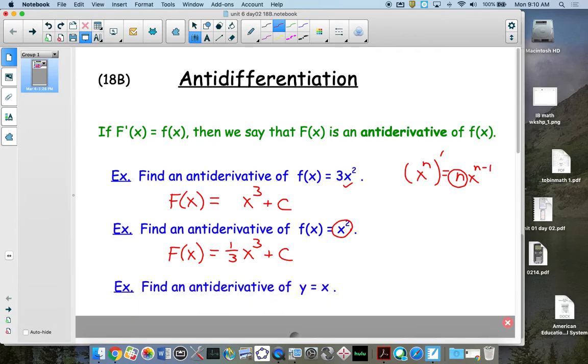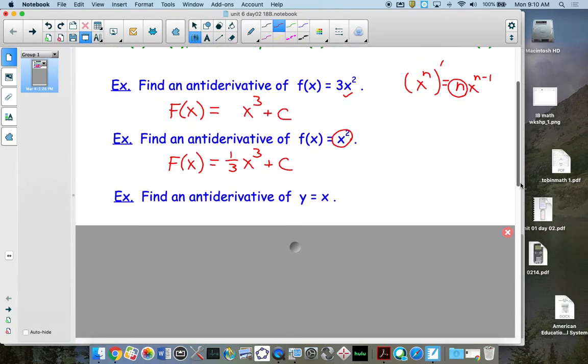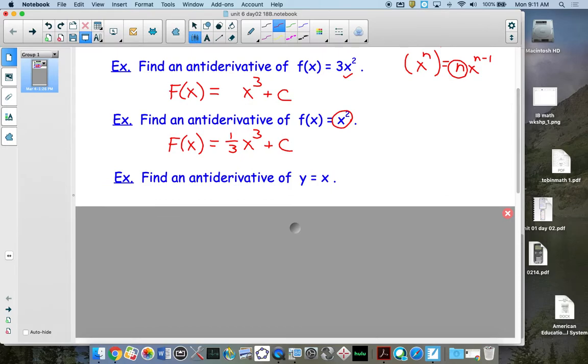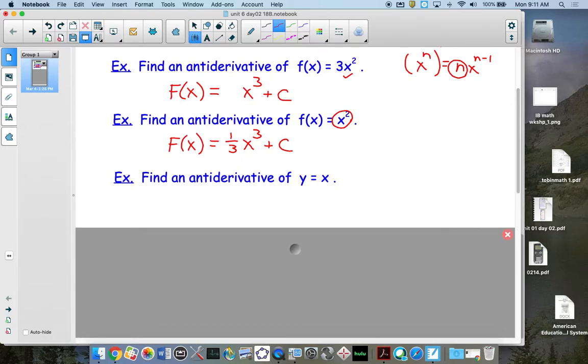Okay, let's try another one. What's the antiderivative of y equals x? Now notice, this isn't f of x equals, I'm still going to use a capital F. Alright, so this is x to the first power.